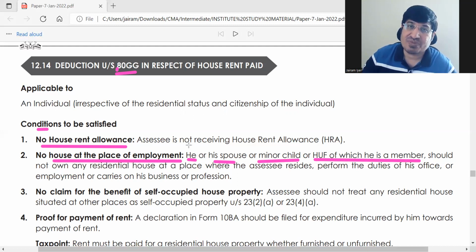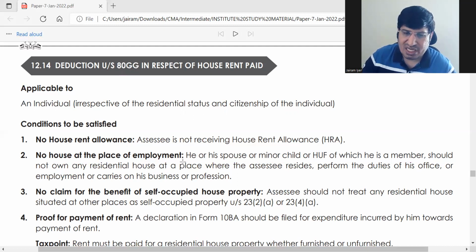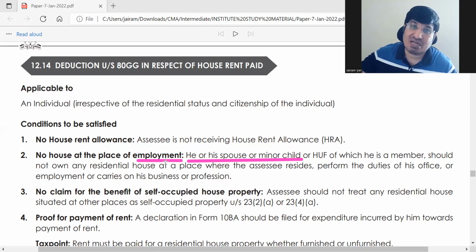Where? In the place of his employment. So basically what you should remember is no house in the name of that person, his spouse or minor child. This is the main thing. Can he have a house not in the place of employment, but in some other place?